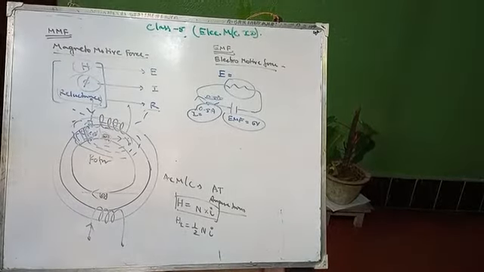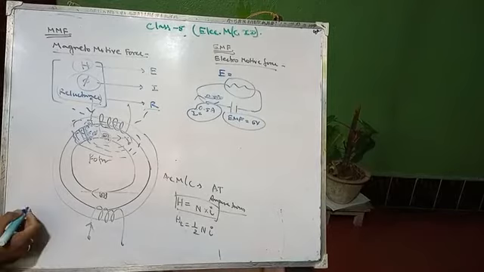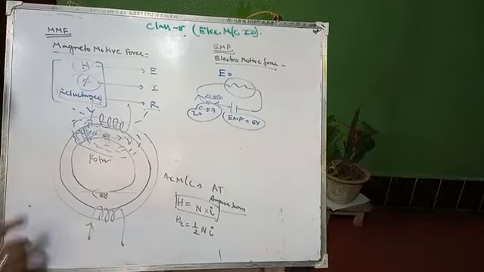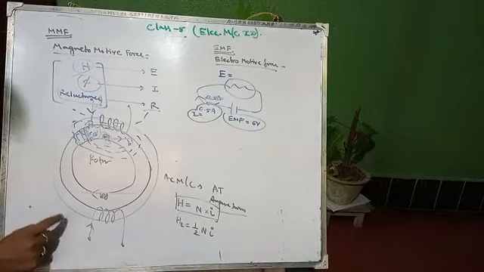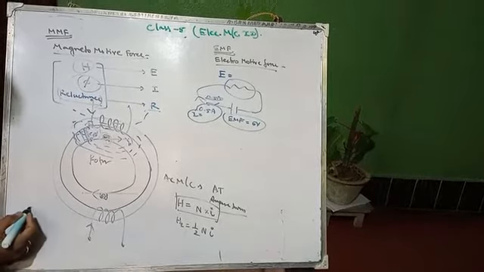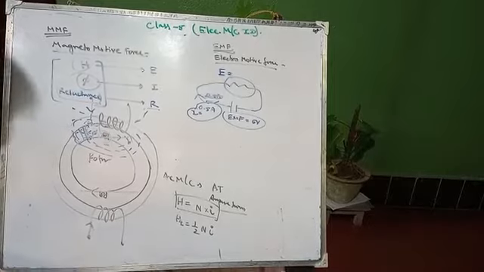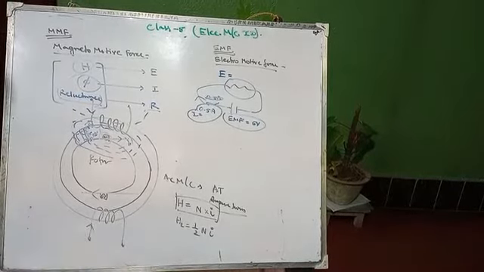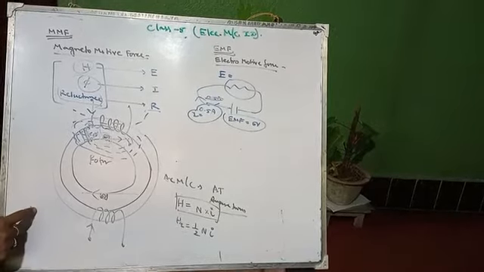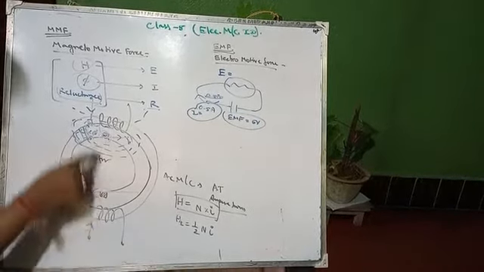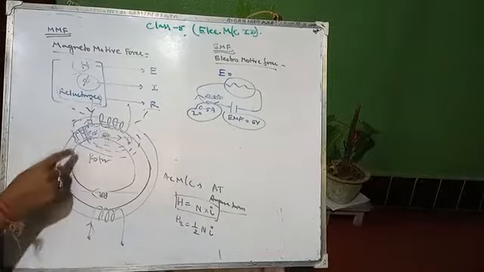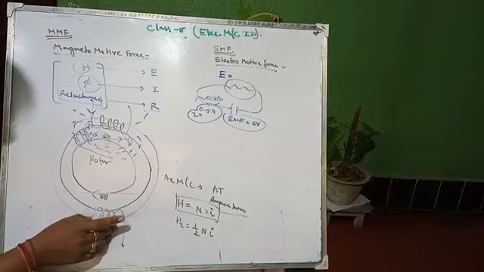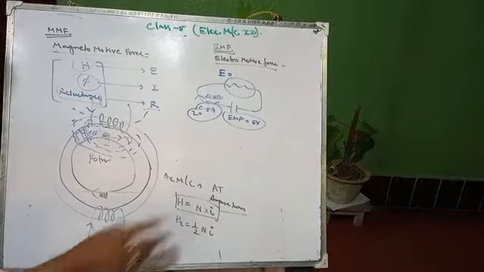Now you have to draw some conclusions from today's class, two or three facts. The amplitude of the MMF wave varies with time. This MMF wave means flux phi. The amplitude of the MMF wave varies with time but not with space.